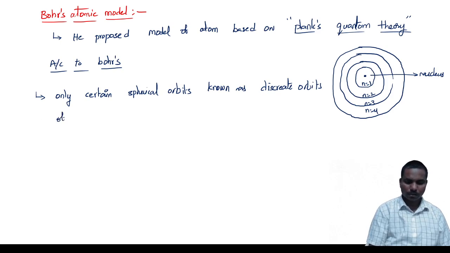Discrete orbits of electrons are allowed inside the atom.